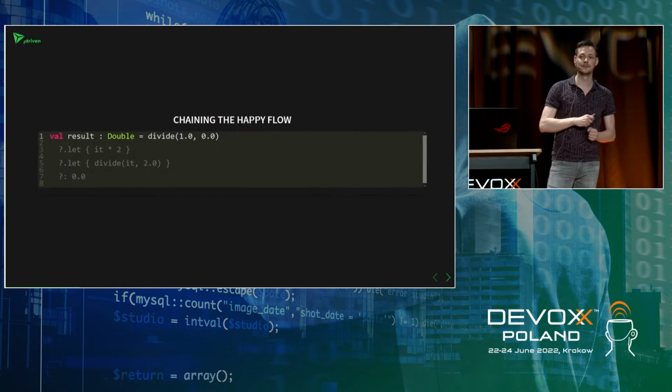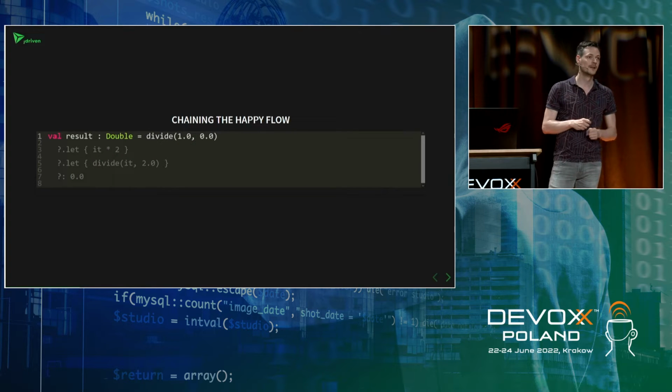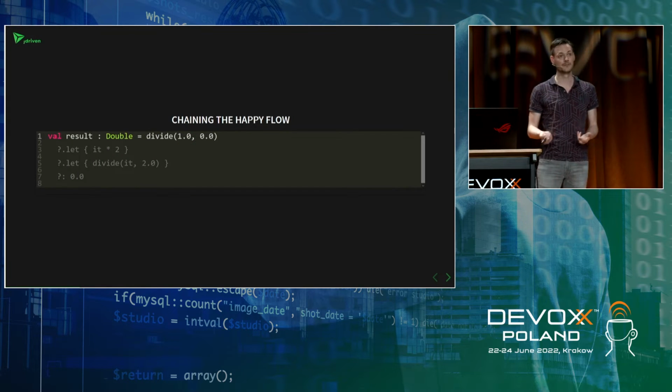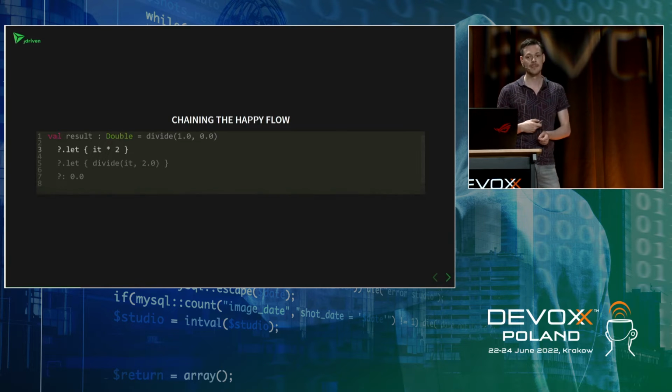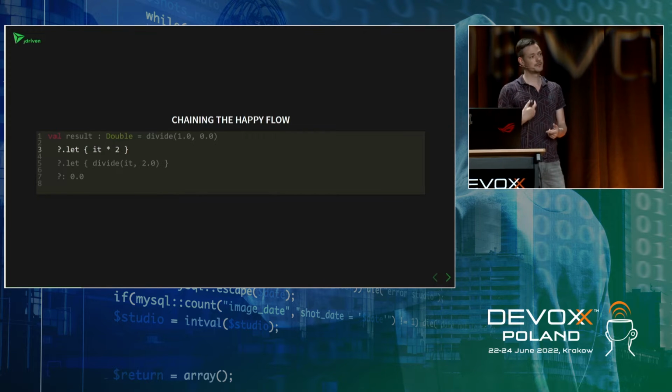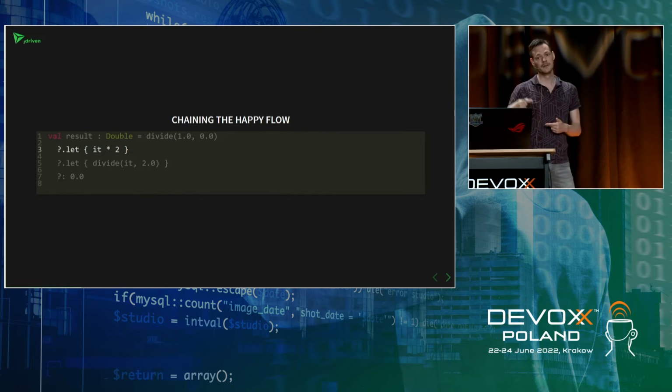So because of that, we can do tricks like this, where we call a divide function, which might return a null. And we can now use the question mark dot notation, where we basically say, if the variable is non-null, execute this function, and otherwise, just return null, do nothing.